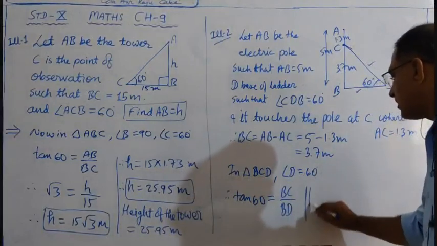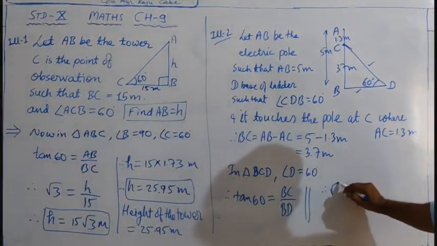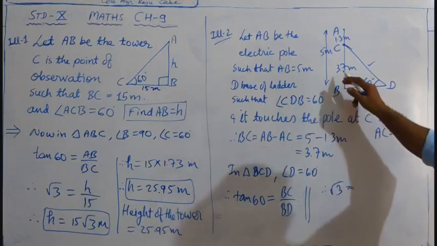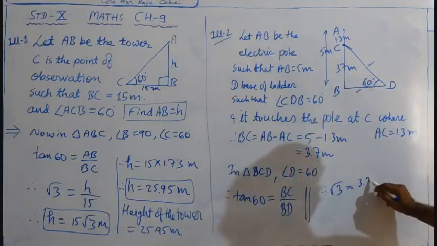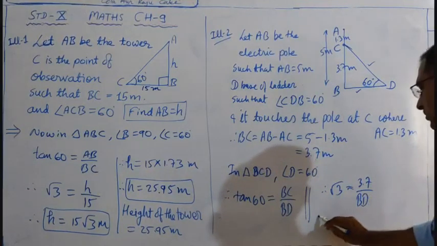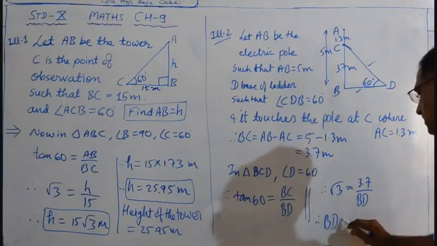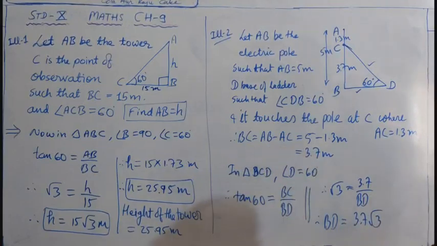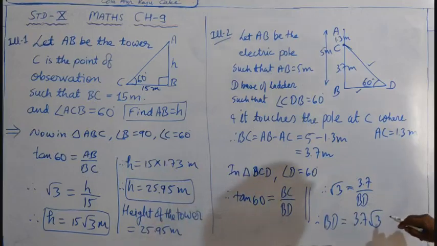So tan 60 is equal to root 3, and BC is equal to 3.7 divided by BD, which is not known, so we get BD equal to 3.7 divided by root 3. Here it is in meter.